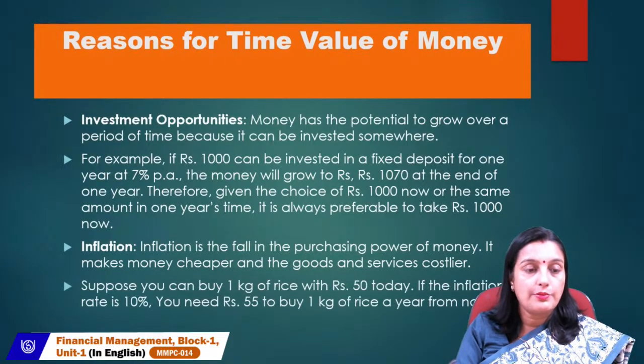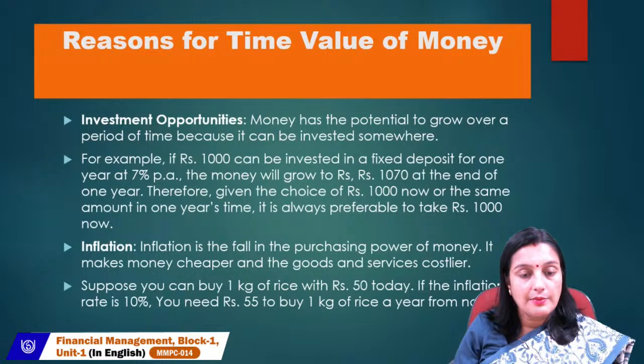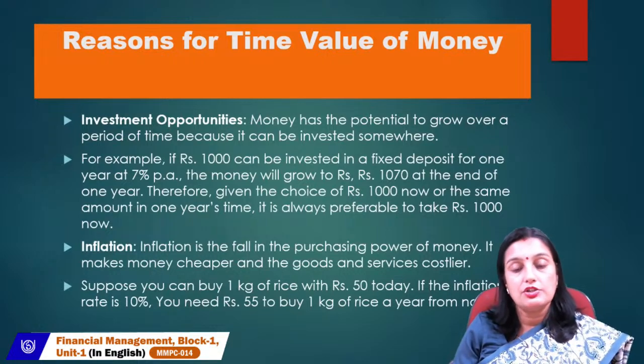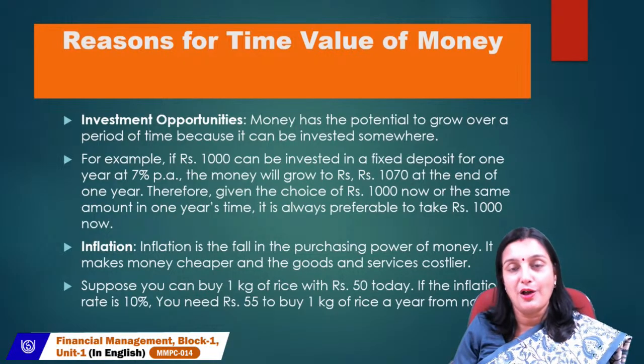As I have already talked about the inflation part also, inflation is the fall in the purchasing power of money. So it makes money cheaper and goods and services costlier. Here you can see that, for example, you can buy 1 kg of rice with rupees 50 today. If the inflation rate is 10%, you need 55 to buy 1 kg of rice a year from now.